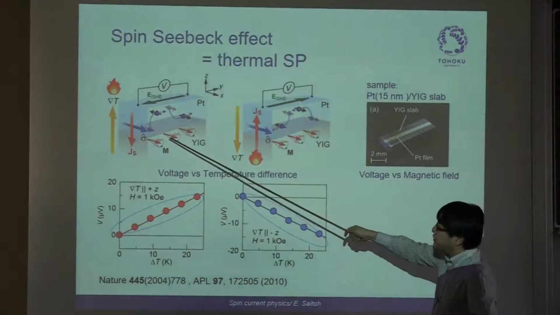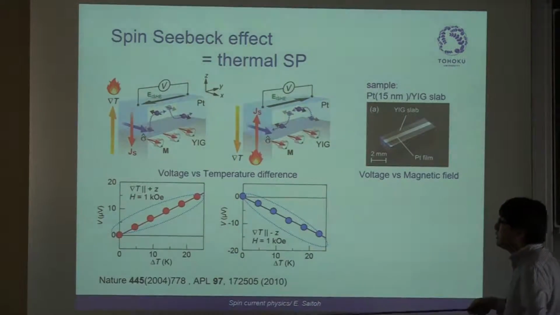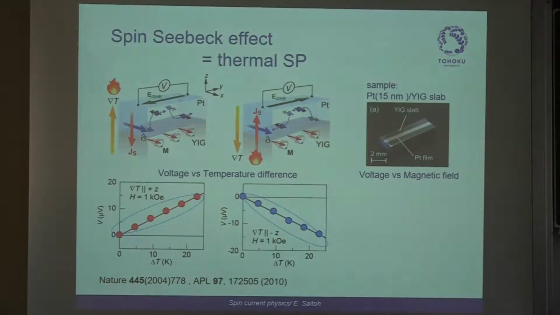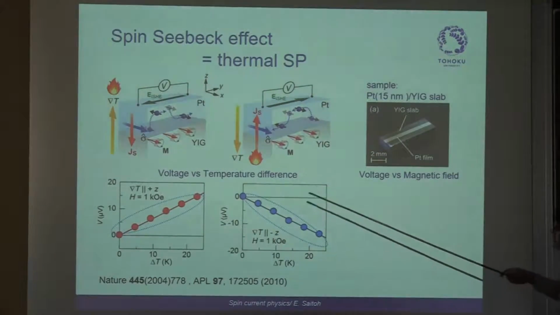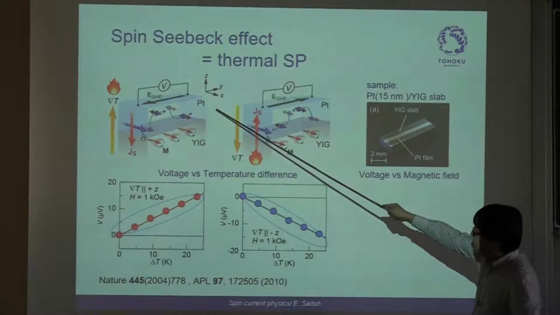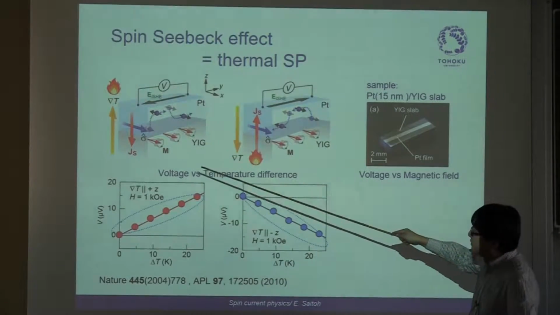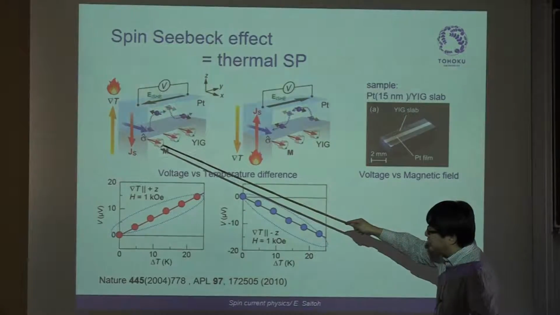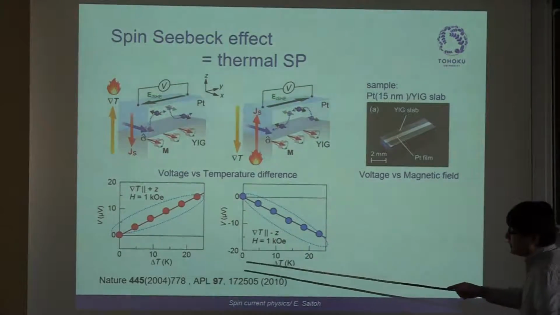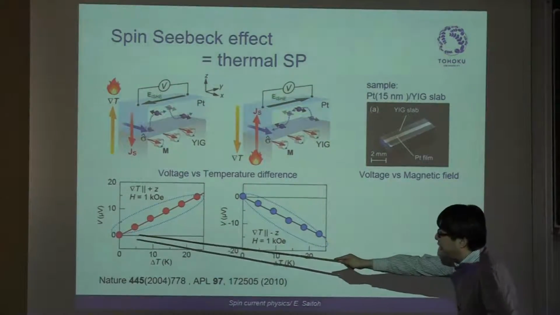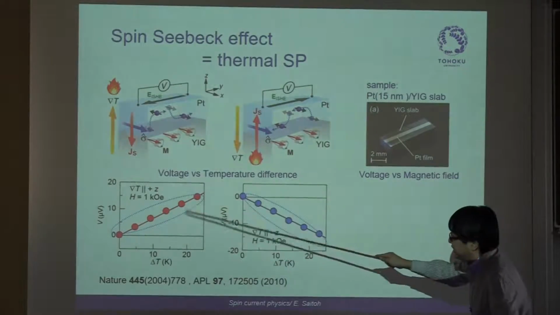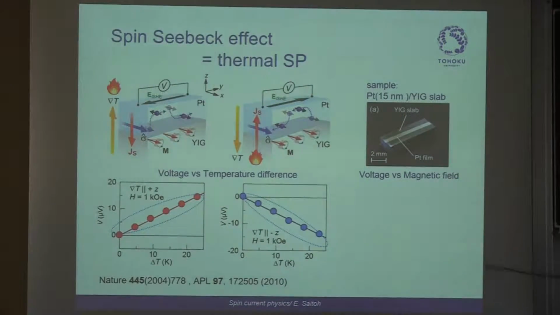And this spin current is converted into electromotive force via the spin Hall effect. So this is the simplest configuration. So the YIG platinum system, and we apply heat current to the sample, and with applying a heat current, voltage appears like this. Okay, so this is called the spin Seebeck effect.